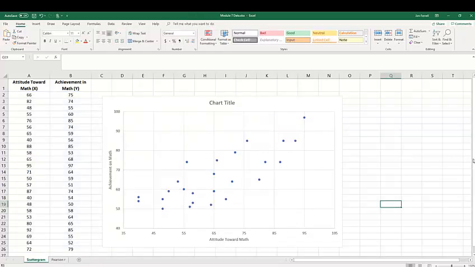The first thing you're going to notice here is that indeed there is some pattern that we can kind of see, so that as our attitude in math generally tends to increase, so does our achievement in math, okay, as measured on the y-axis.